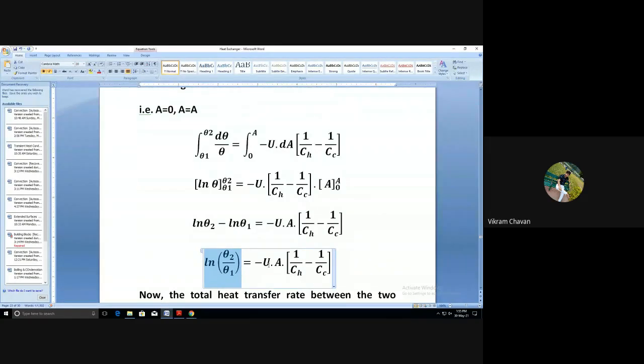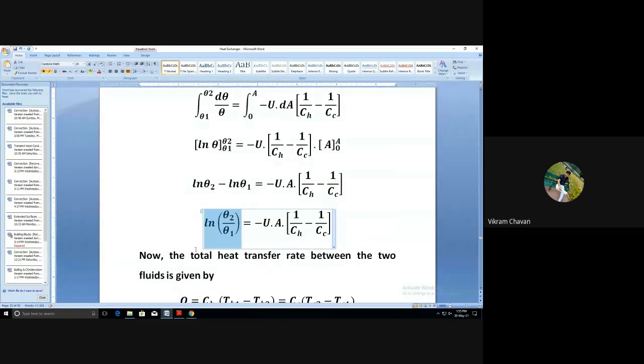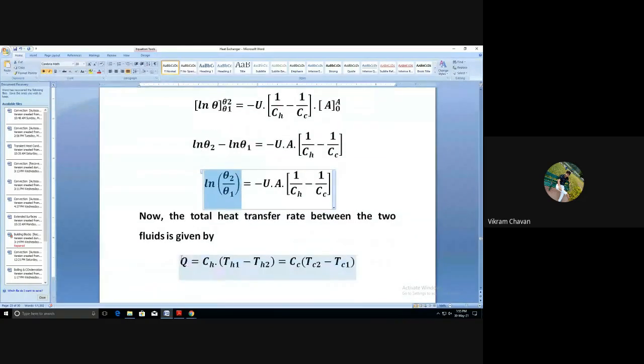Now the total heat transfer rate between these two fluids can be given as: we know that Q is equal to m dot h multiplied by Cph multiplied by (Th1 minus Th2), that is the heat lost by the hot fluid, and in a similar fashion m dot c multiplied by Cpc multiplied by (Tc2 minus Tc1), that is the heat gained by the cold fluid.